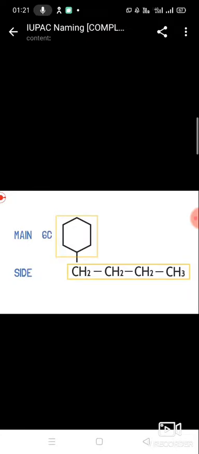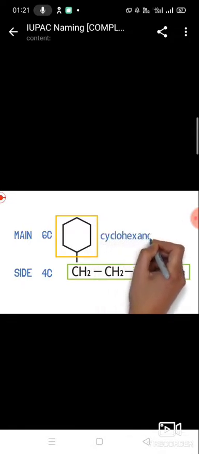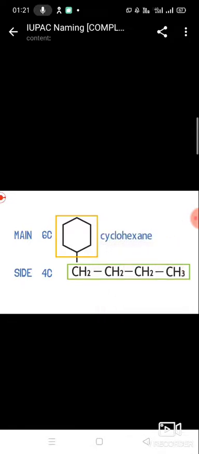So 6 carbon atoms, no double bond or triple bond. So 4 carbon atoms are there in a straight line, attached at the fourth carbon only. What is the attachment? Cyclic attachment. So cyclohexane is attached with a butyl group.